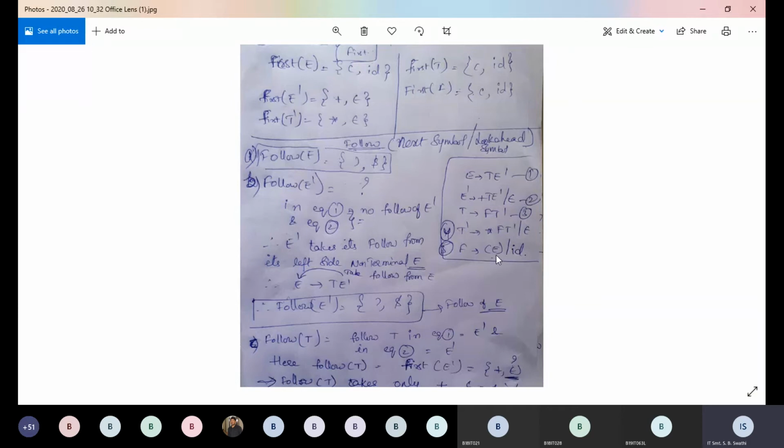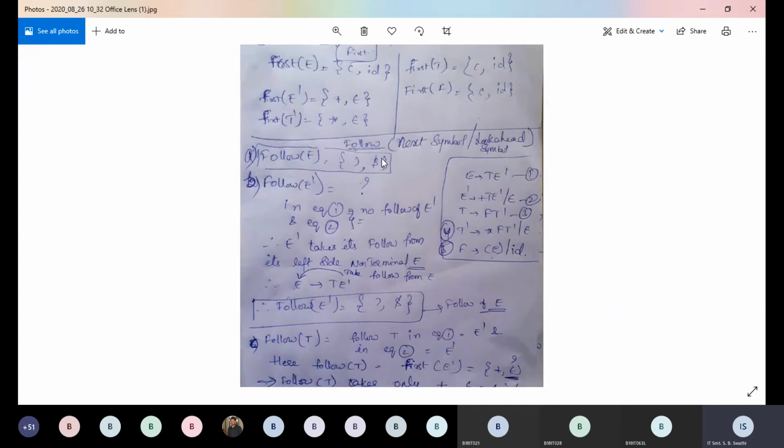And what is E? E is the start production. In the given grammar rules, if a question is given to you in the form of rules, the first production is normally the start symbol. So capital E is our start symbol. Since we are computing the follow of the start symbol, by default you have to write the dollar symbol in its follow.